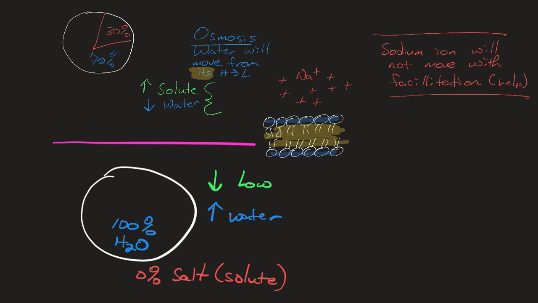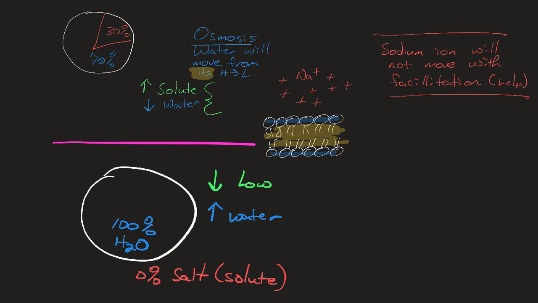And whatever's happening on one side of the membrane, the other side is opposite. So if you know this is where the salt is, that's high solute, which means the water's low. That means on the other side of the membrane, salt must be low and water high. You don't have to do the pie charts. You just have to know that the opposite side is opposite. Are we clear? So solute high means water's low. Solute's low means water's high.